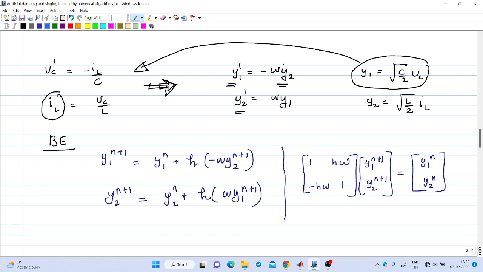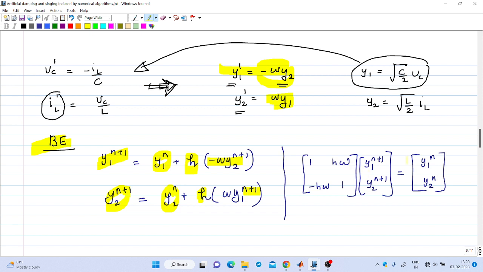Now this differential equation can be solved using backward Euler technique. So y1 n plus 1 will be the previous value y1 n plus h into this quantity evaluated at n plus 1th instant, minus omega y2 of n plus 1. Similarly, y2 n plus 1 will be y2 n plus h into the right hand side, omega y1 evaluated at n plus 1.